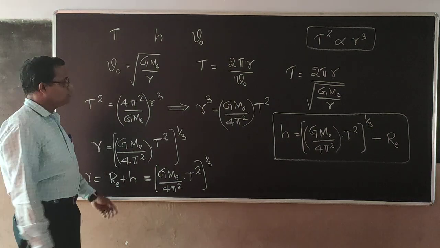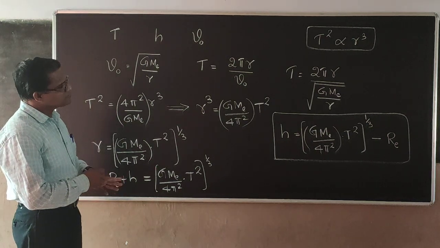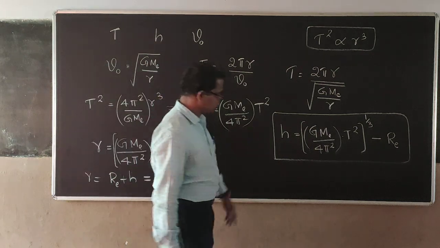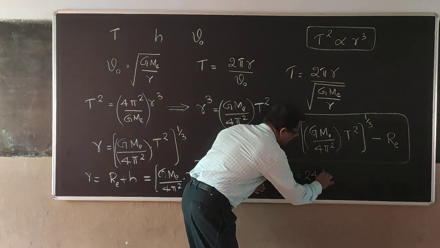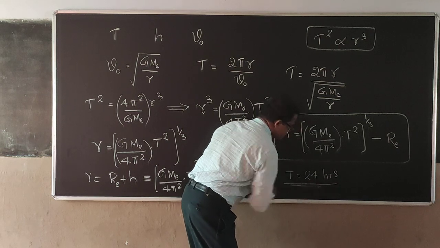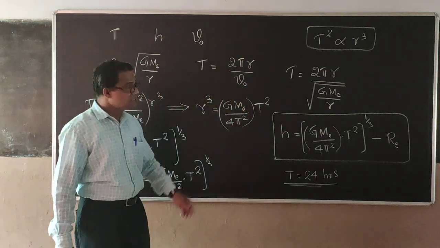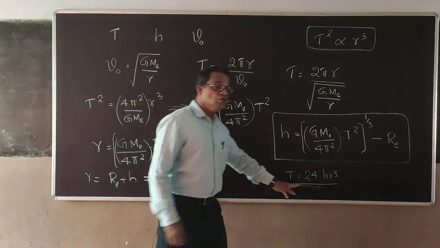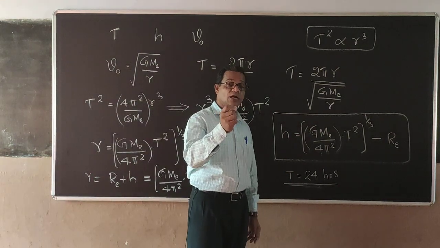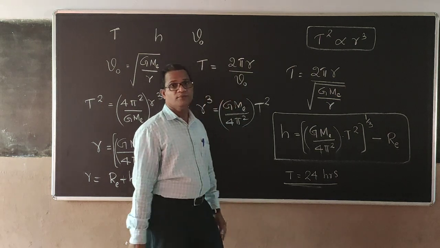Now, suppose I take in this equation T equal to 24 hours. Means the time period of revolution of the satellite I take as 24 hours, that is the duration of a day.